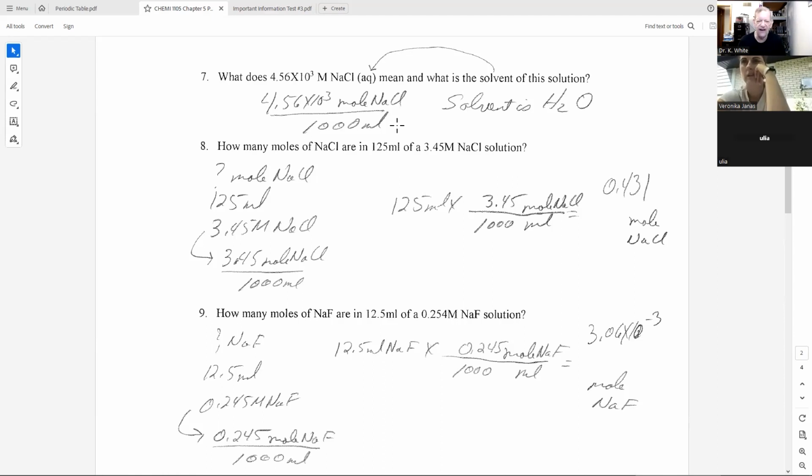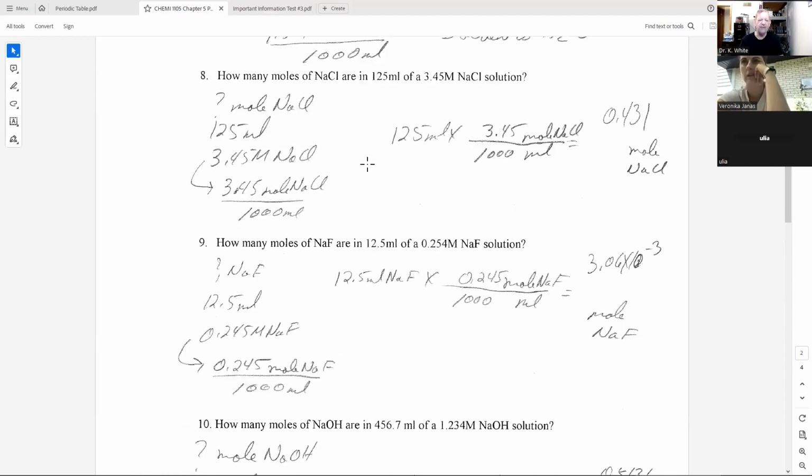All right, let's look at number 8. How many moles of sodium chloride are in 125 milliliters of a 3.45 capital M NaCl solution? Well, what are you being asked to find? Moles of sodium chloride. What are you given? Well, you have 125 milliliters of the solution, mL, and this number 3.45 capital M NaCl.